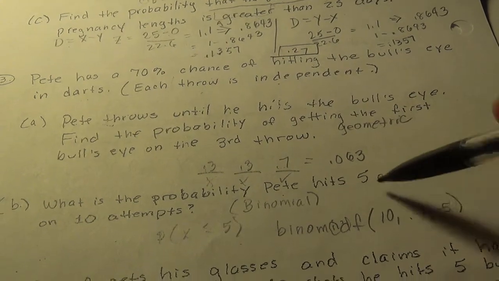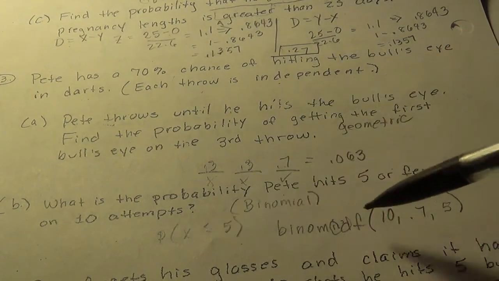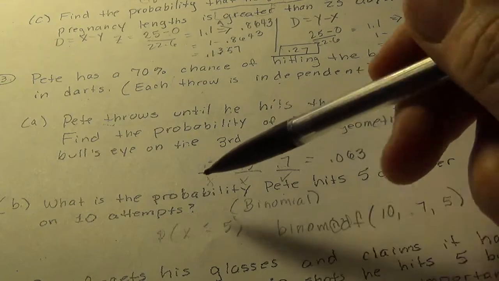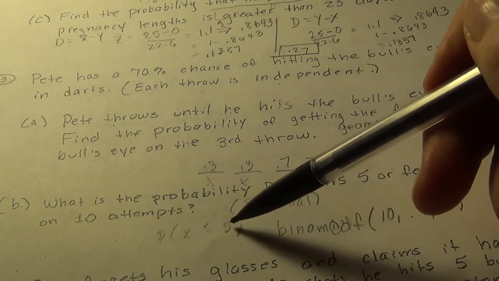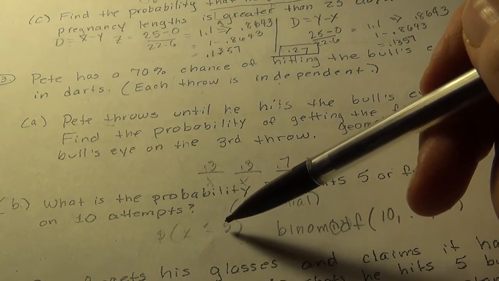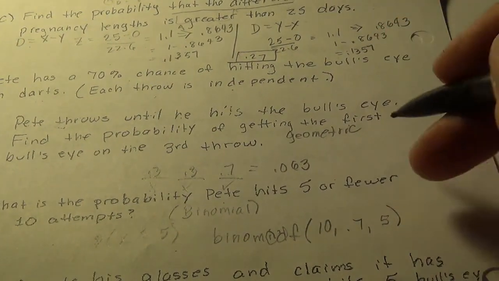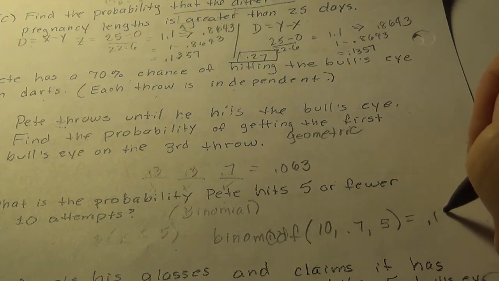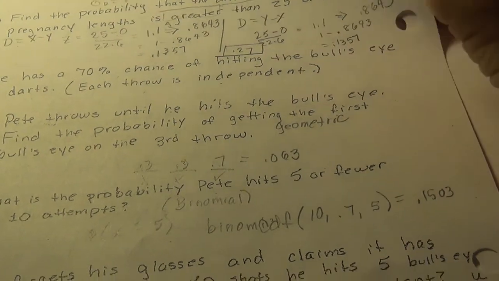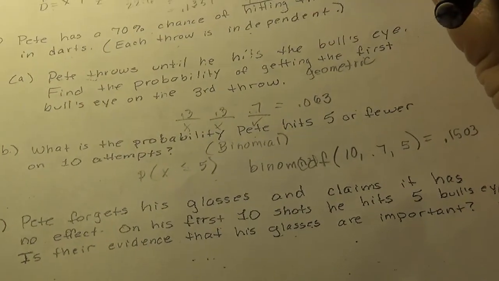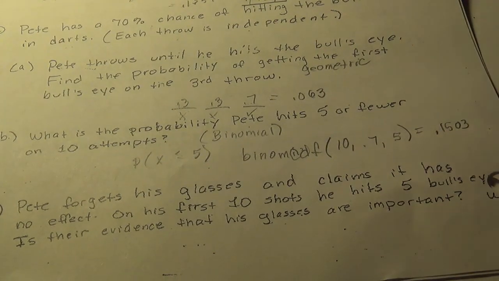Will the calculator give us this value, or are we going to have to alter it? We are going to accept it because the calculator gives us less than or equal to, which matches our problem. So if you put that in, you will see it is 0.1503.